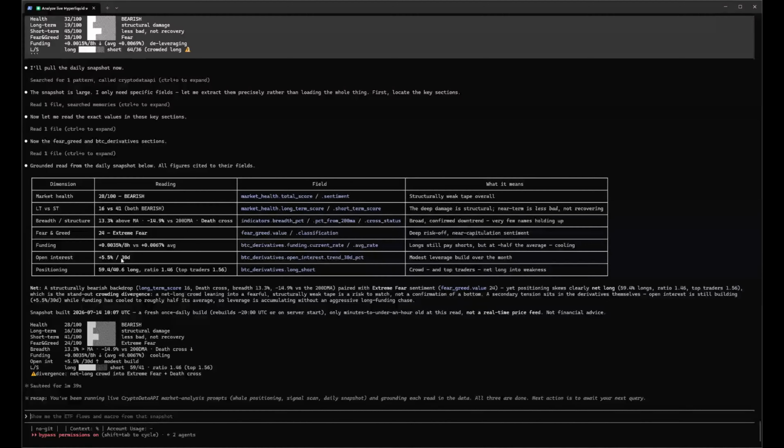We then have the market breadth. So we have 13.3% of the coins above their moving averages. That's the 200-day moving averages. And then we can see the fear and greed index, which is currently 24, extreme fear, which has been like that for a while. We can also see the funding rates, and we can see the open interests. We can see how that's rising.